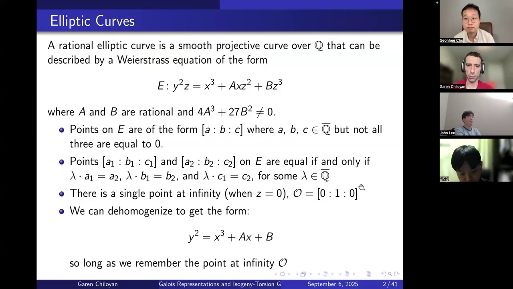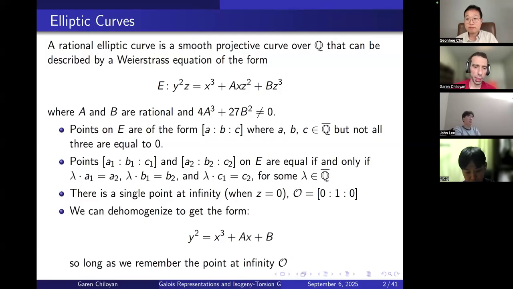So if you look at this equation for E, if you plug in z to be 0, you can see that x cubed must be 0. And because we're working over algebraic closures, meaning fields, then x has to be 0. So if x and z are 0, then y is not 0. We can just say the point at infinity O is [0, 1, 0].